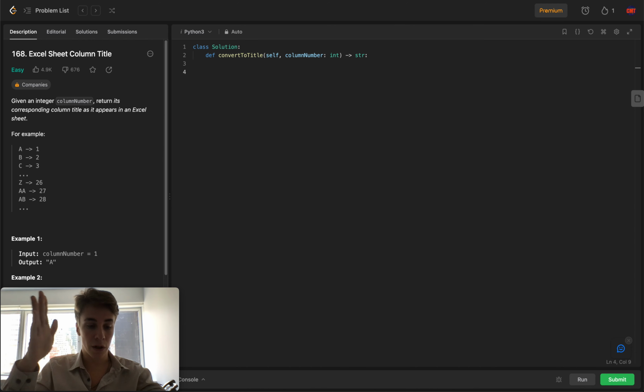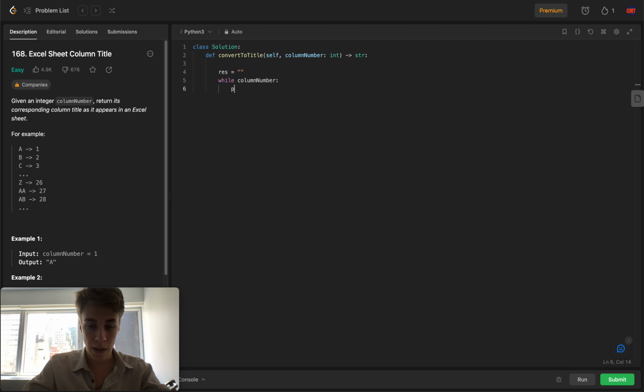Then basically shifting it to the right. What's happening here is, and let me already start implementing, I'm going to say while column number, basically we're going to print this initially, and I'm going to write this text here.